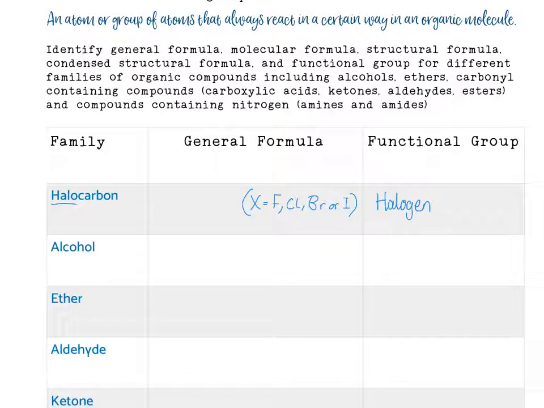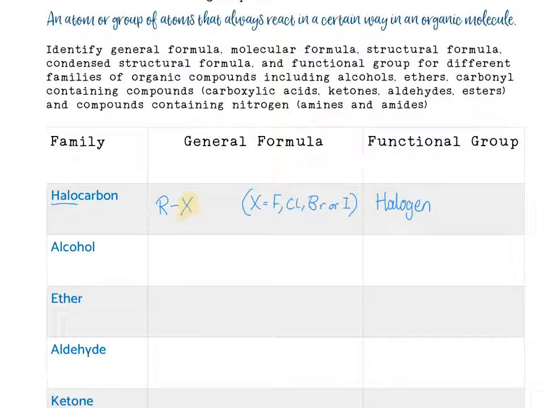Now, how does this fit into our group? Well, we're going to have our alkyl chain, that could be any length, and it's going to be attached to one of these atoms: fluorine, chlorine, bromine, or iodine. But it's that particular atom that makes it a halocarbon.